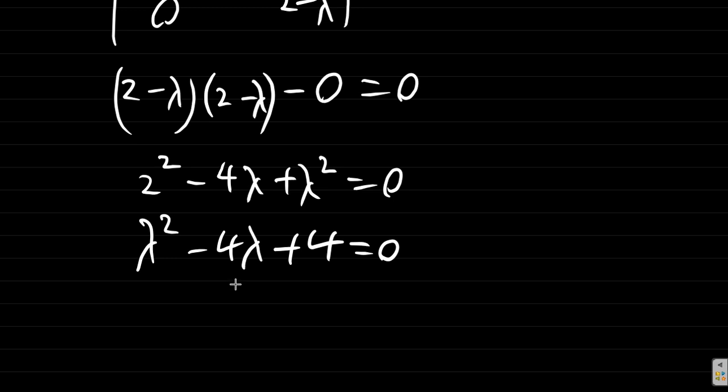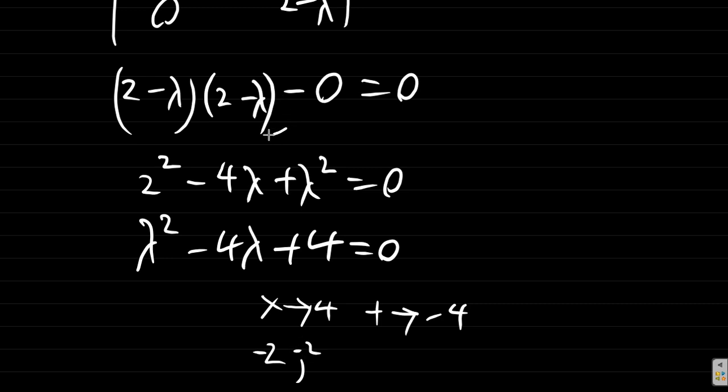AC method, 1 times 4. We should find two numbers that multiply to give you 4, and they add to give you negative 4. Let's see. 2 and 2, they multiply to give you 4, but they don't add to give negative 4. What about negative 2 and negative 2?